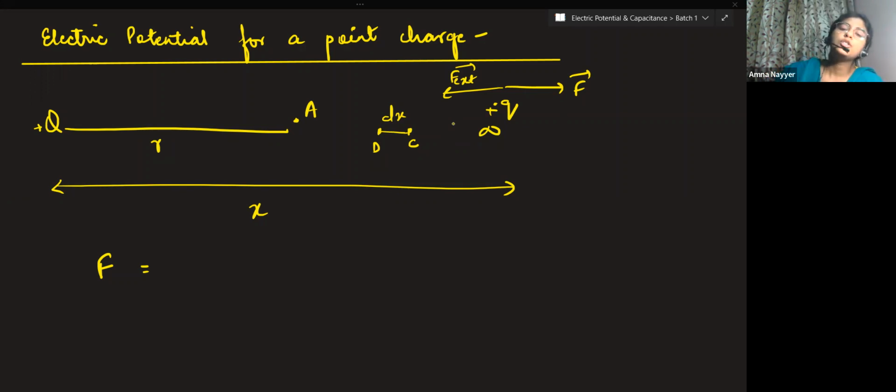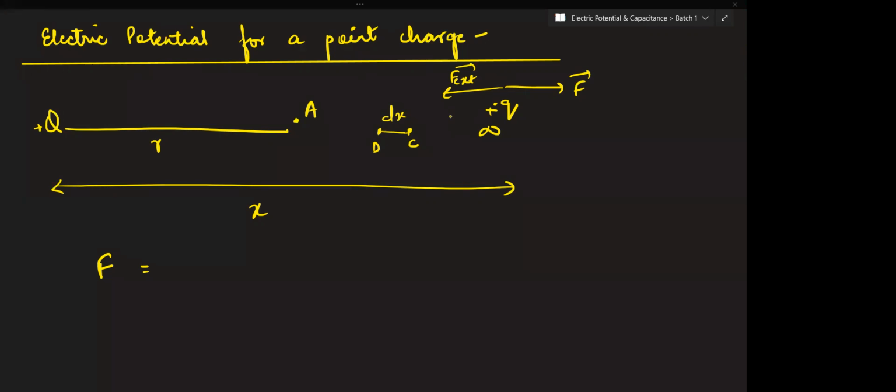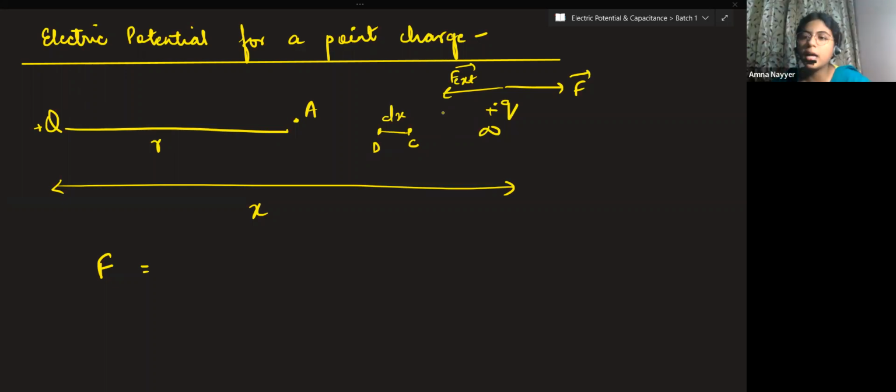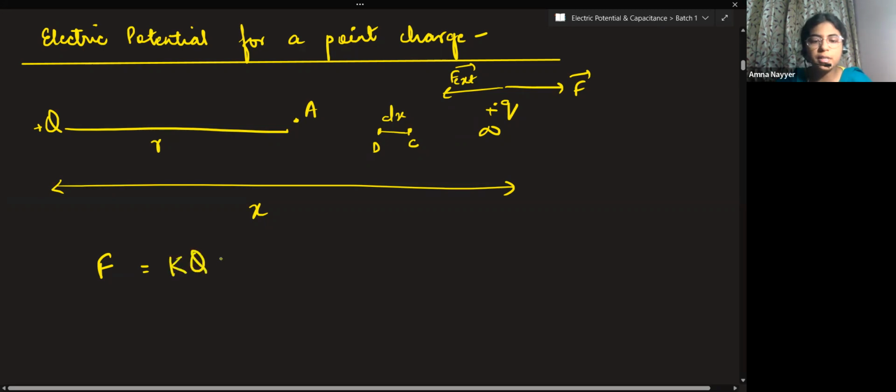Now tell me, should I actually use r square? Sarah, r square is the separation between this capital Q and point A. So should r square be written? X square, because x is the separation. So on application of Coulomb's law, this becomes K capital Q small q divided by x square.